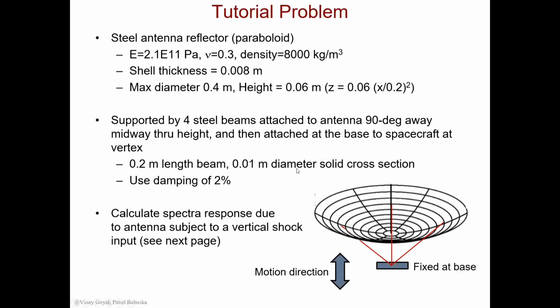In this particular example, we're going to examine an antenna, and this antenna is subjected to a vertical shock that could have been induced by perhaps this antenna being stored on a truck, and the truck was traveling and it encountered a bump. So we're going to look at the pulse due to this event.